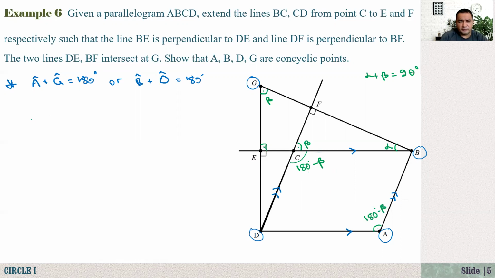Now if you find angle A plus angle G, that's 180 minus beta plus angle G, which is beta. If you simplify this, we get 180 degrees, which proves by property 9 that D, A, B, G form cyclic points, which means that quadrilateral is a cyclic quadrilateral.